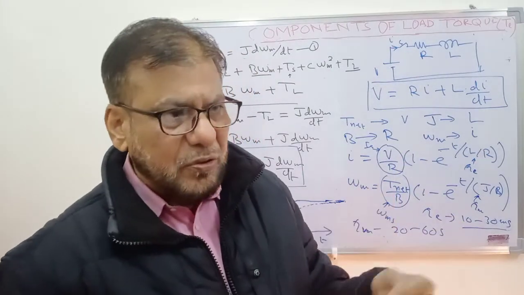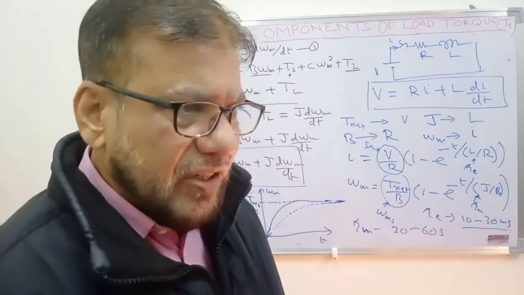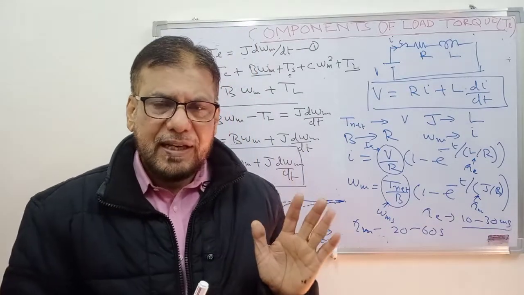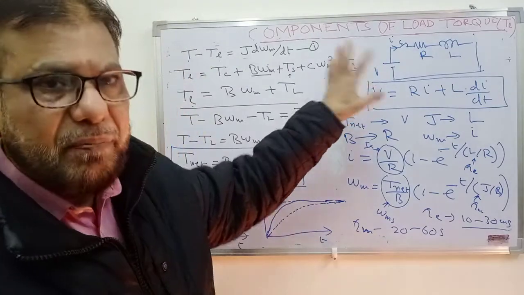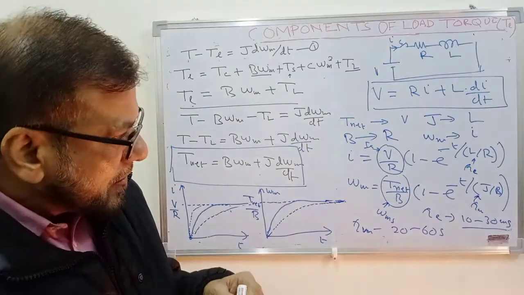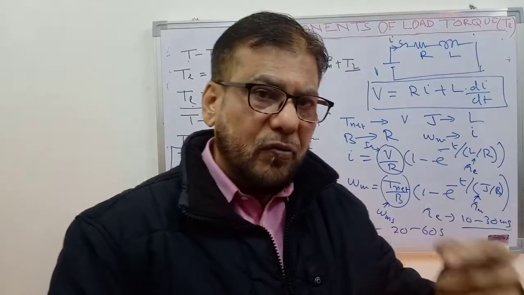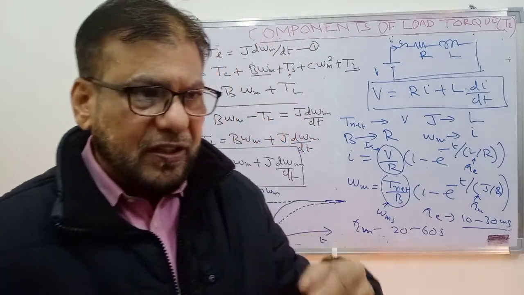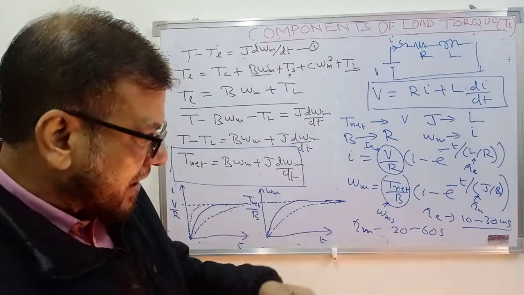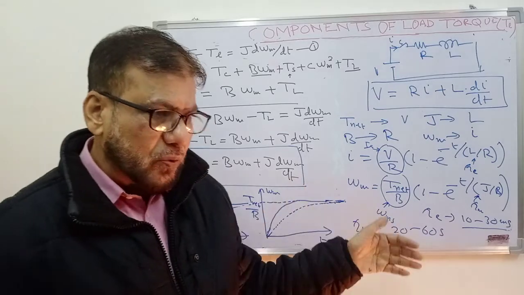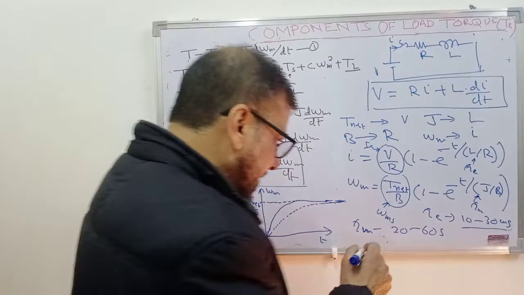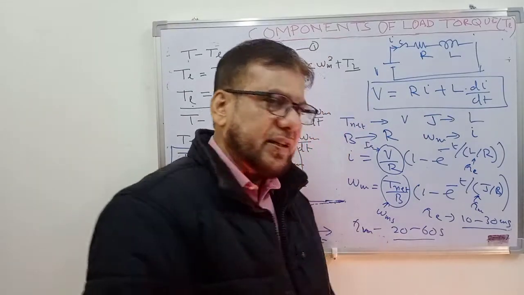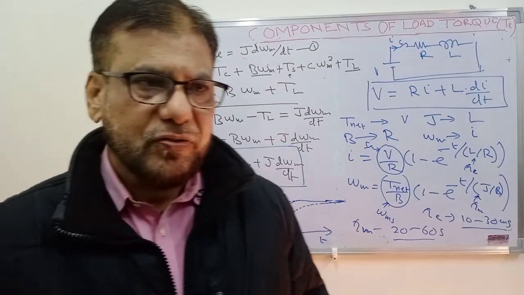Within say 10 to 20 milliseconds, the current will reach the new value as per the applied voltage. But as the current increases, the motor torque will increase, the speed will increase gradually, and it will take a certain time for the motor to settle to the new value of the speed. So this mechanical time constant is much higher than the electrical time constant.